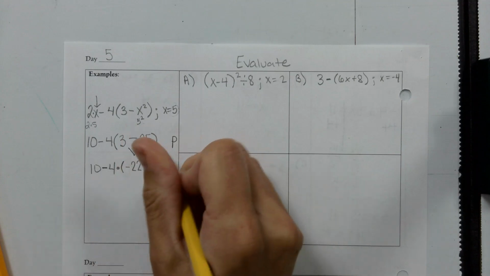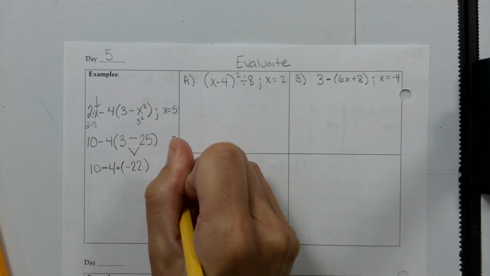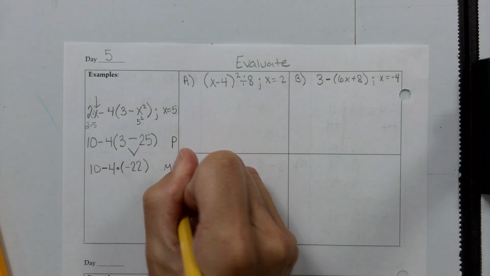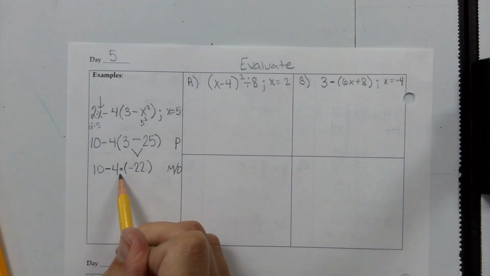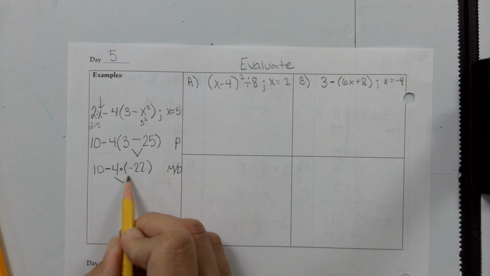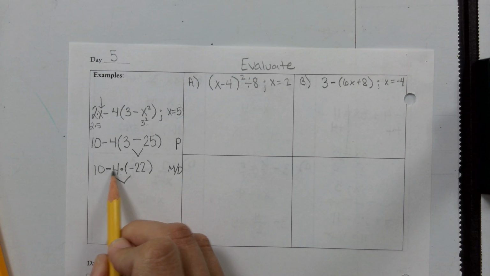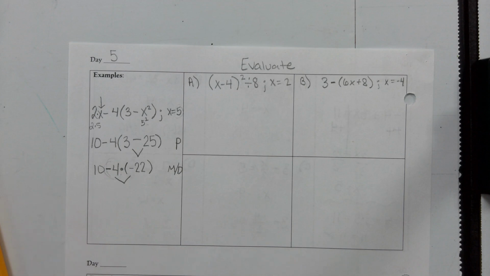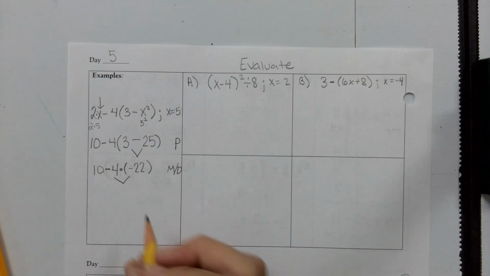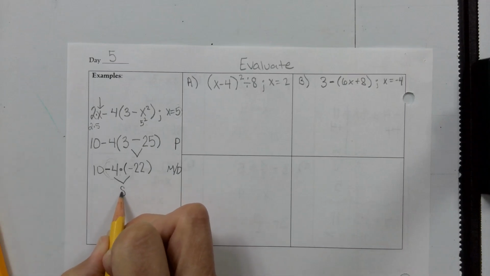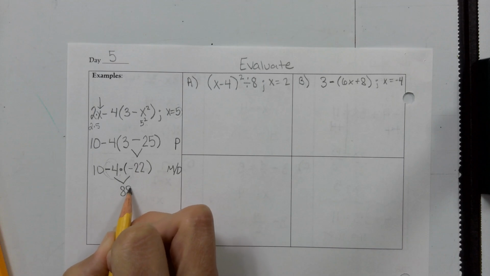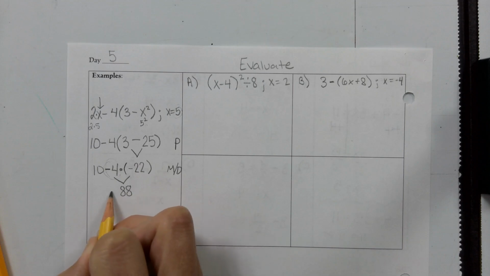Excuse my dear. Is there any multiplication or division in this problem? Yes, there's a multiplication right here. So that has to happen next. Now, when I do this multiplication, it is a negative 4. This negative sign is tied to the number 4. So negative 4 times negative 22 is 88. Now when I write that number down, is it a positive 88 or a negative? If it's negative, I'd write minus.